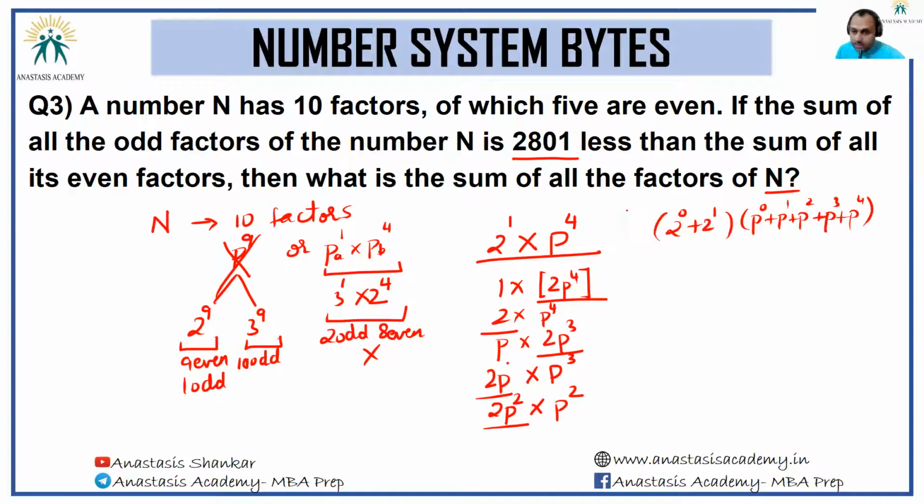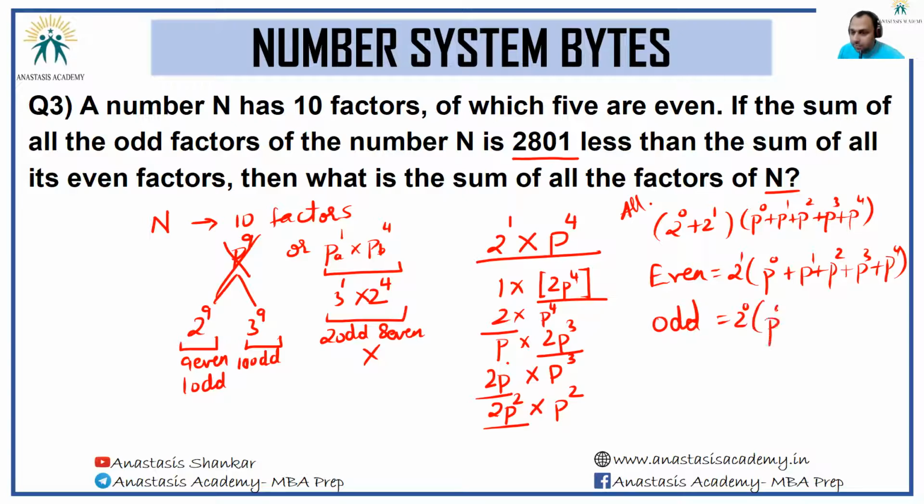The sum of even factors will be equal to 2 raised to the power 1 into (p raised to the power 0 plus p raised to the power 1 plus p squared plus p cubed plus p raised to the power 4). And the sum of its odd factors will be given by 2 raised to the power 0 into (p raised to the power 0 plus p raised to the power 1 plus p squared plus p cubed plus p raised to the power 4).